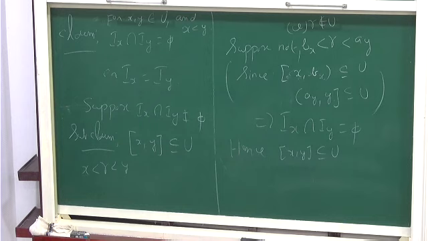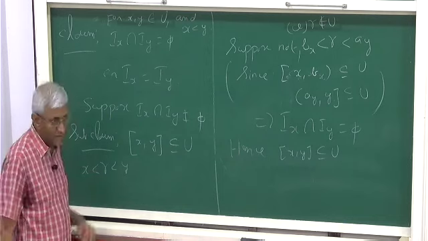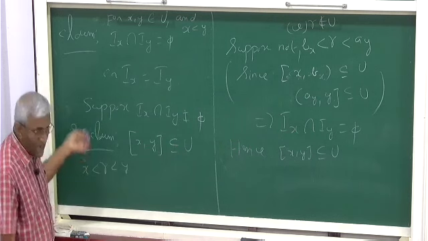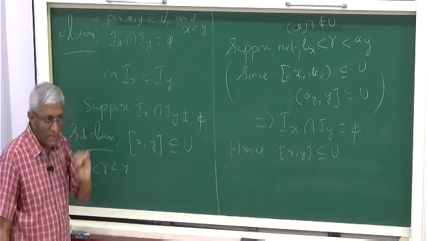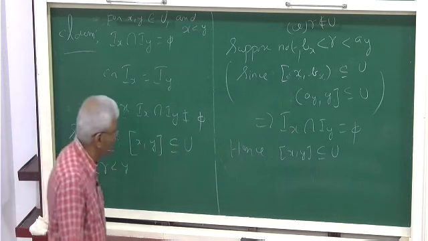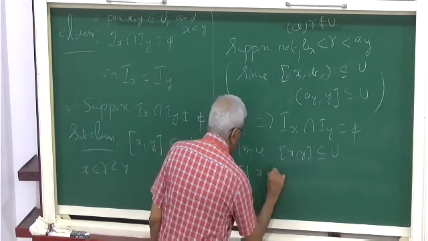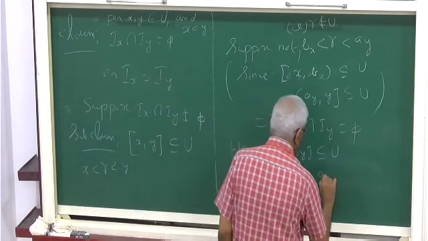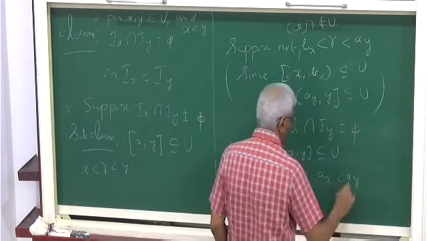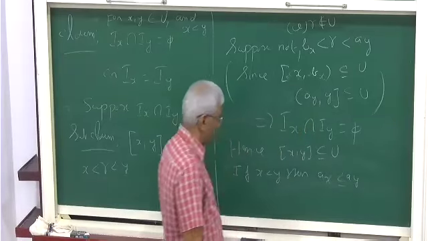So we have proved that xy is contained in U. Now we have to prove that a_x is the same as a_y, and b_x is the same as b_y. That's what we have to prove. In general, if x is less than y, then a_x is less than or equal to a_y, right?